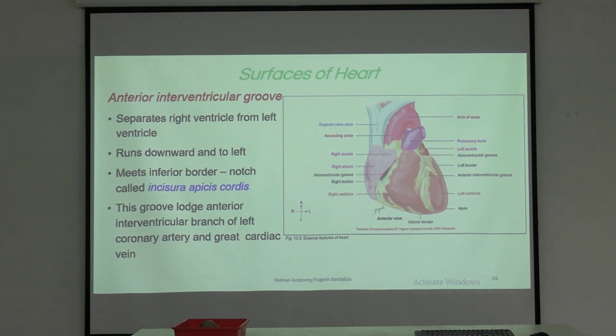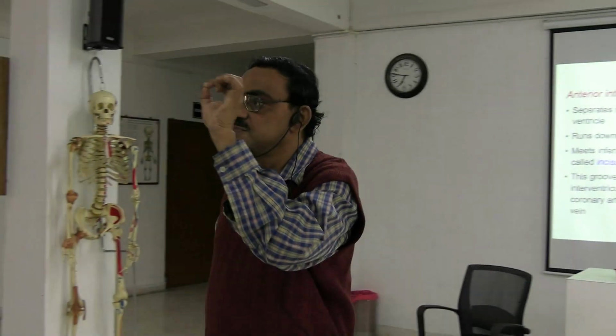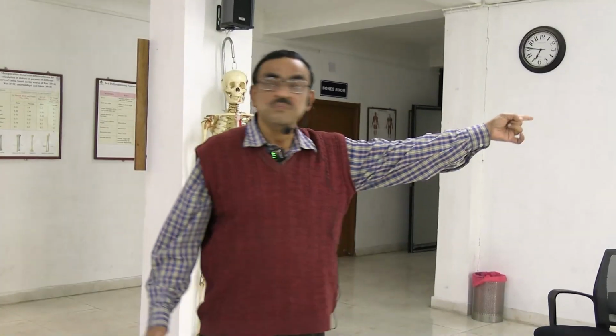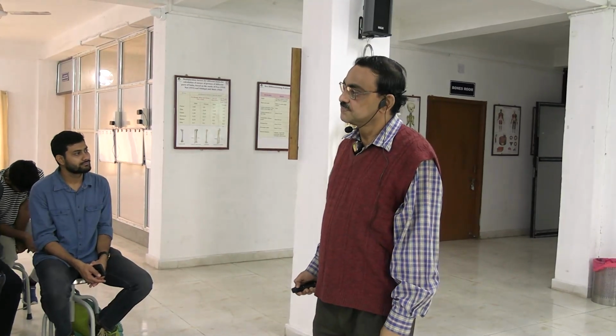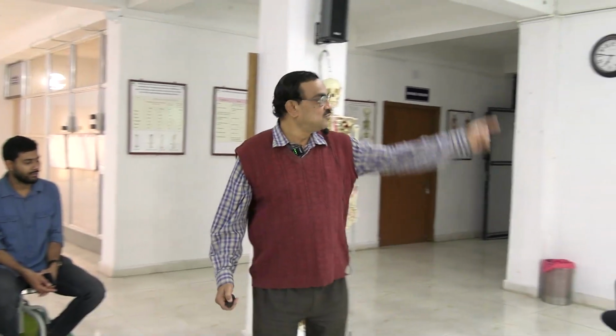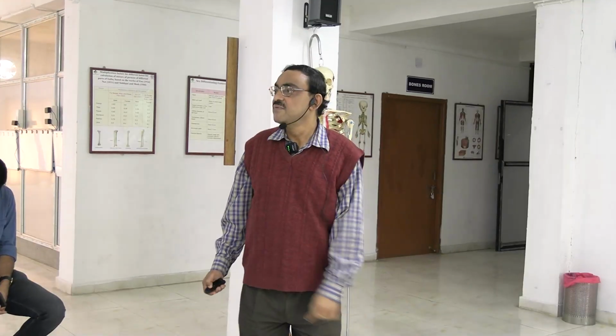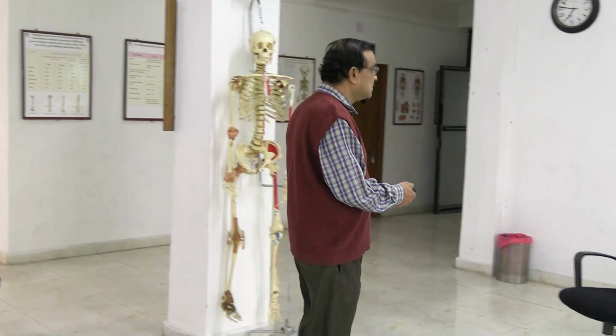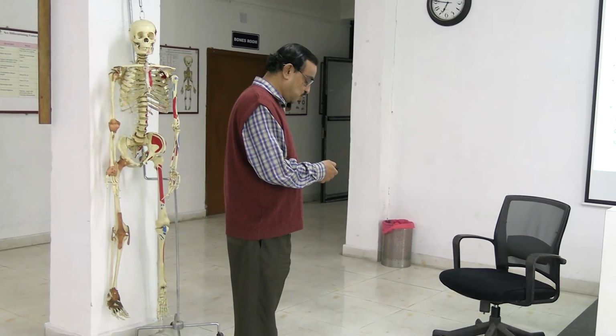So incisura apicis cordis is basically a notch which is just medial to the apex of the heart and which is in projection to the anterior interventricular groove. Okay, it is a continuation of the anterior interventricular groove.